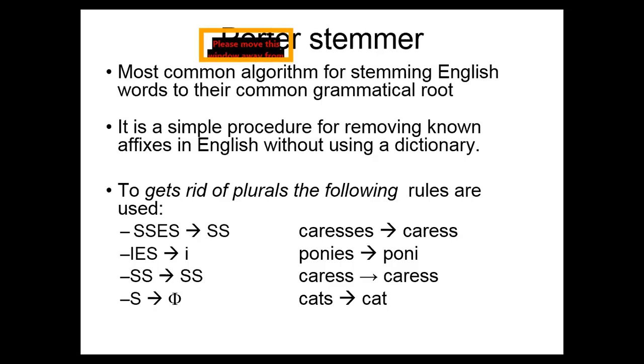That means sometimes we are adding some characters at the beginning of the word, prefix, or we are adding at the end of the word, suffix, or we are adding in the middle of the word, infix, or we are adding both at the beginning and at the end, circumfix.